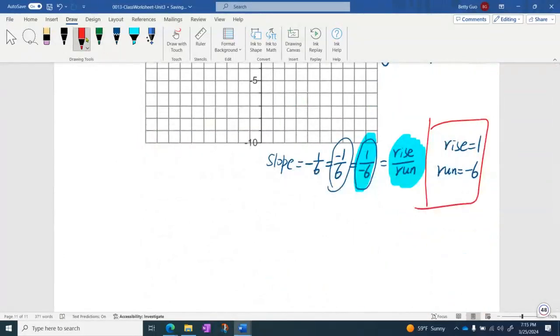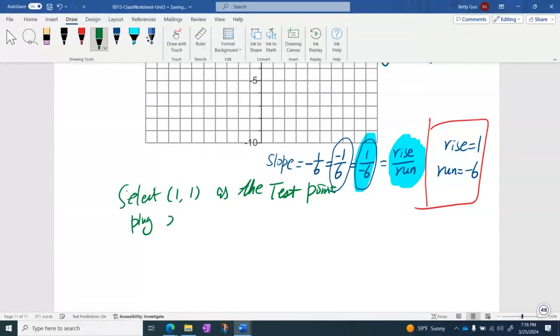Second step, we are going to choose 1, 1 as the testing point. We're going to plug x equals 1, y equals 1 into the original inequality.